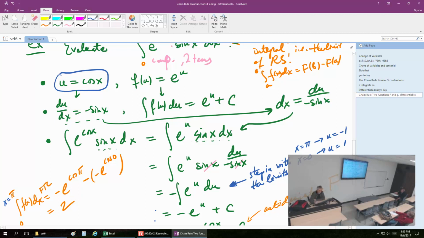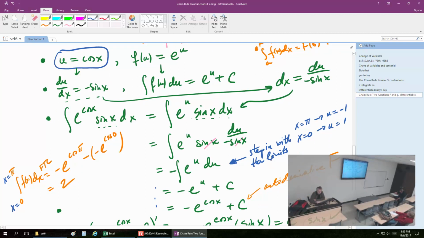So the way I could proceed is like this. Negative integral... no, I don't need the integral anymore. In fact, the arrow should point here. I don't need to integrate; I have integrated.